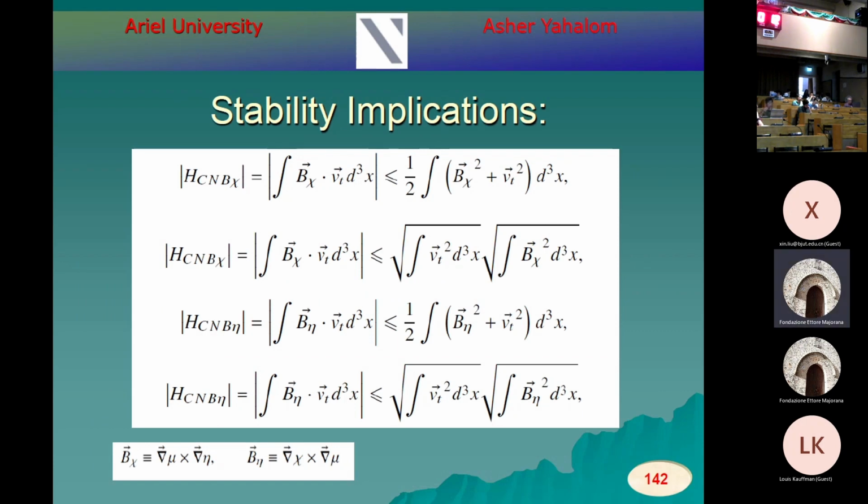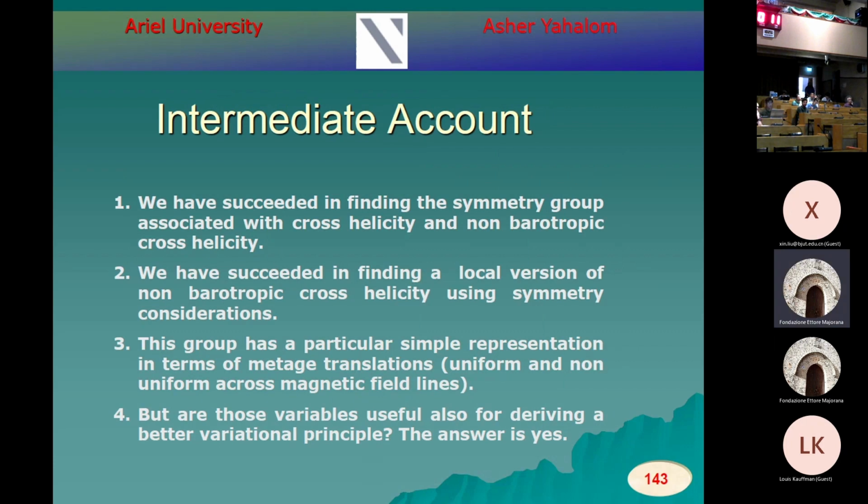Now, those can have effects on stability. Of course, it's obvious in ideal magnetohydrodynamics, less obvious in non-ideal magnetohydrodynamics, but this is the type of lower bounds that we get for all the quantities that we describe. Okay. So we have succeeded in finding the symmetry group associated with cross-helicity and non-barotropic cross-helicity.